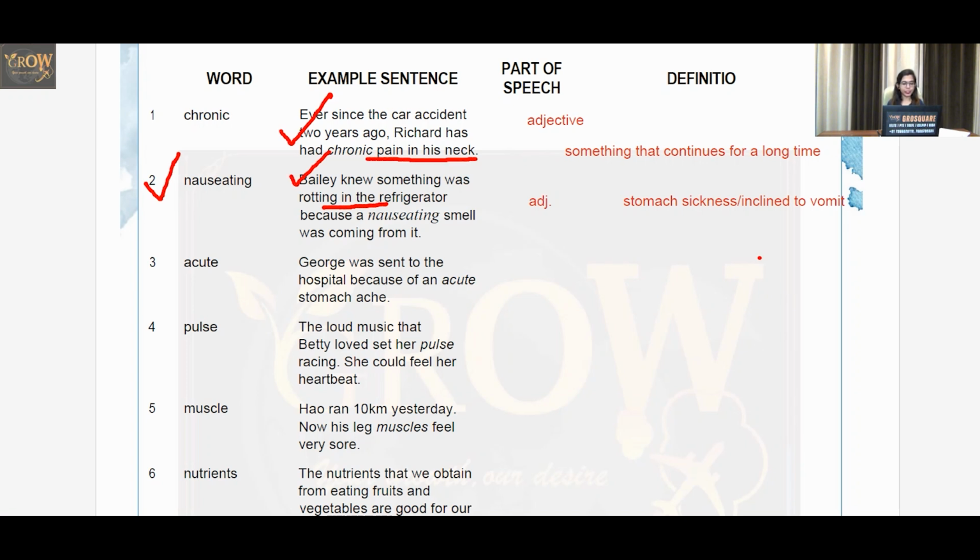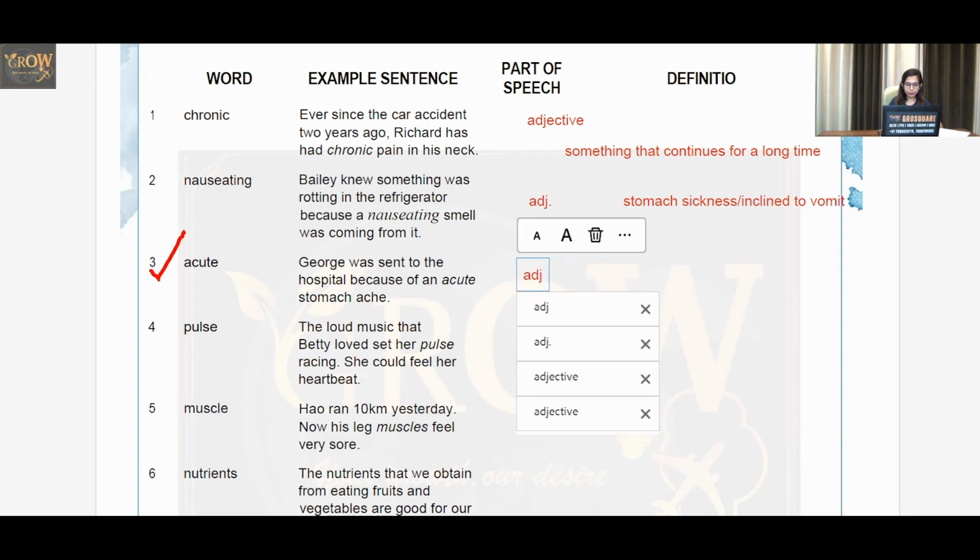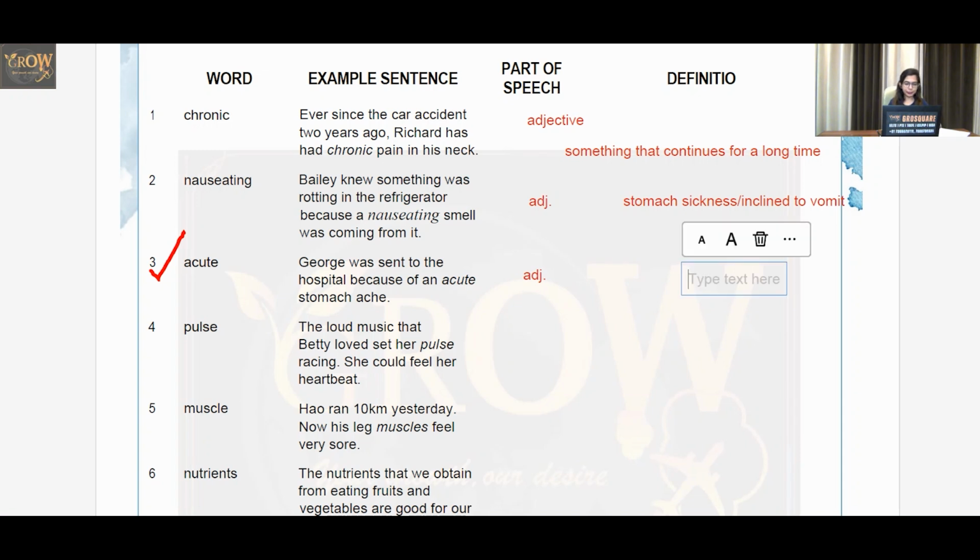Okay, let's move ahead towards the next word, and the third one is acute. Now, what does it mean and what is it actually? So, this is again an adjective. Let's write it down. The meaning of acute is severe but short, right?